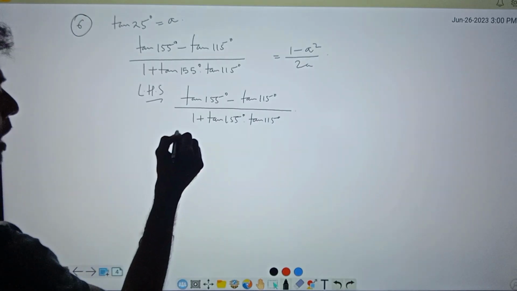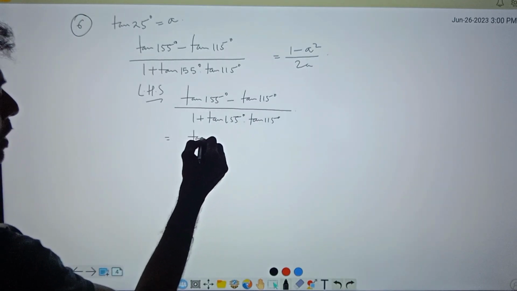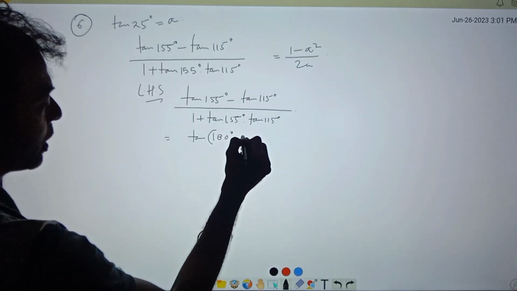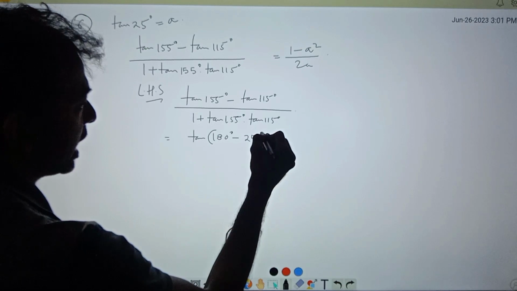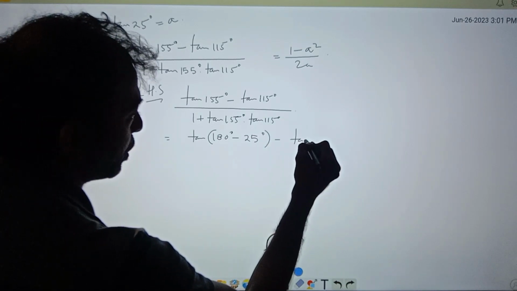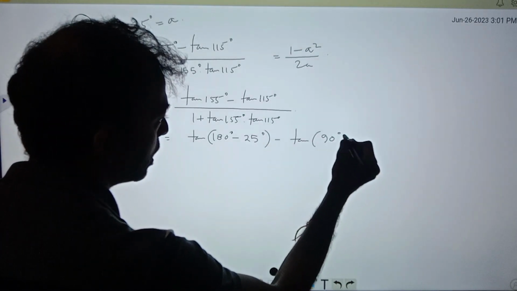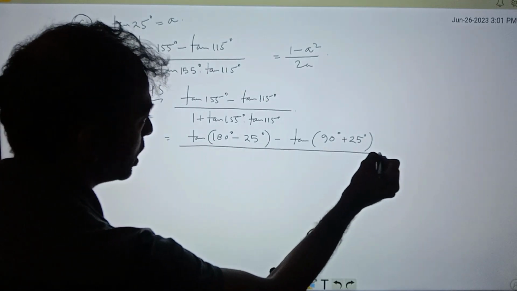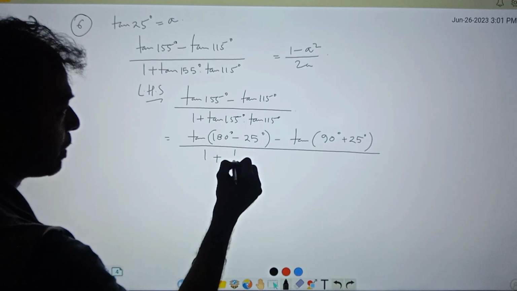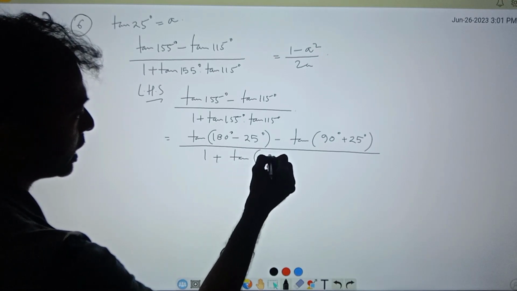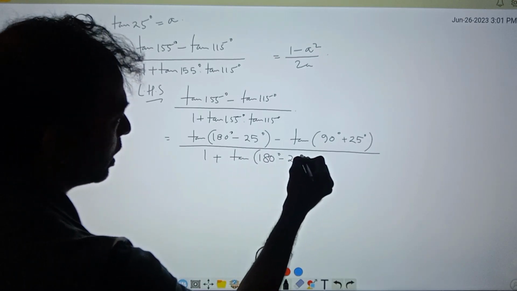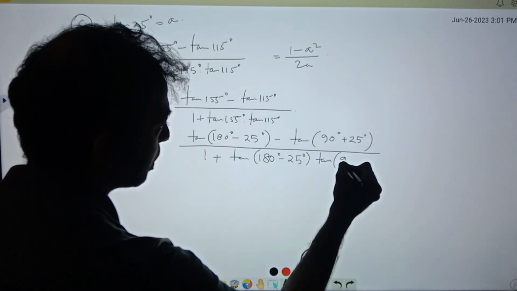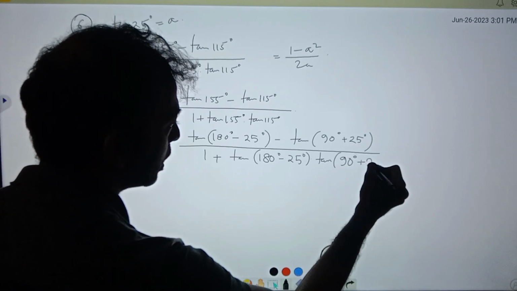And here tan 155 degree will become tan 180 minus 25 degree, and tan 115 degree is going to be tan 90 degree plus 25 degree. That's our 115 degree. Now this is going to be 1 plus the same thing, tan 180 degree minus 25 degree into tan 90 degree plus 25 degree.